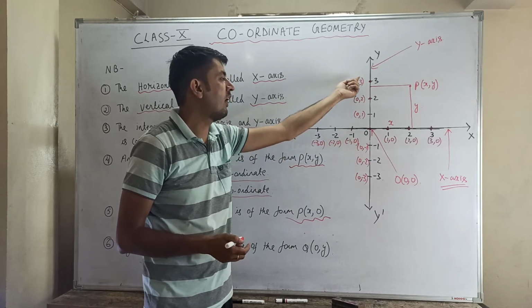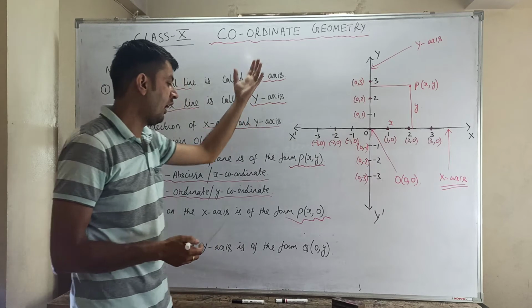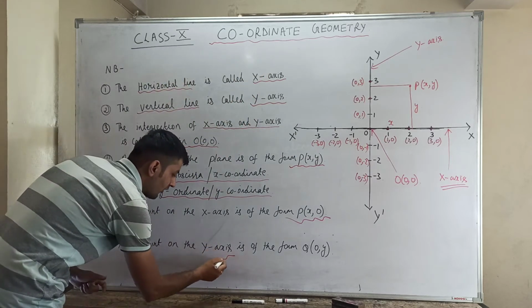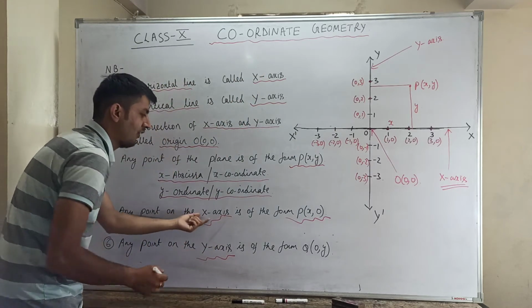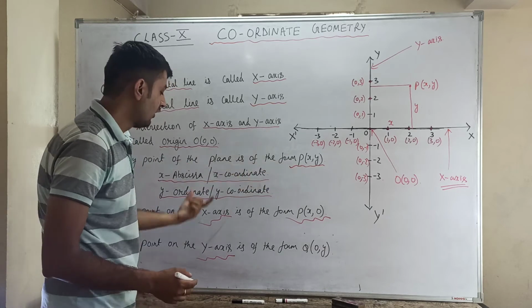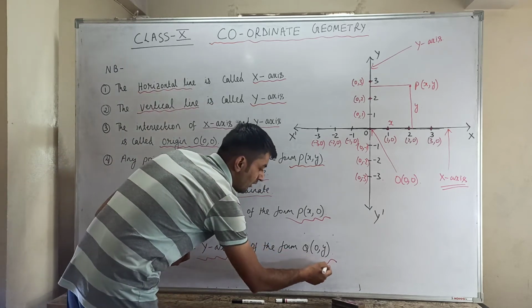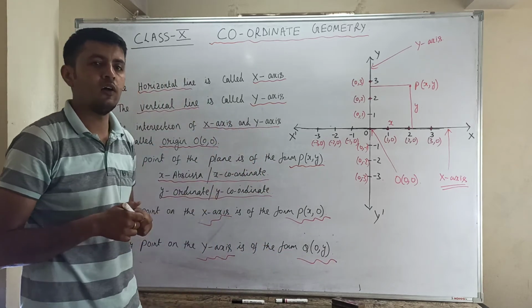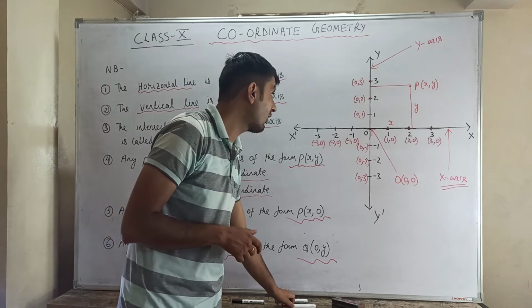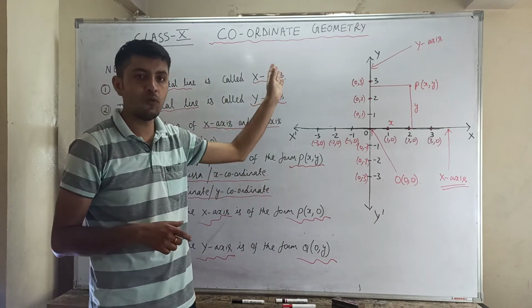Only your y coordinate has changed. So any point on the x-axis is (x, 0), and for your y-axis it will become (0, y). I hope the basic concept is clear to you. Now let me go to the next part.